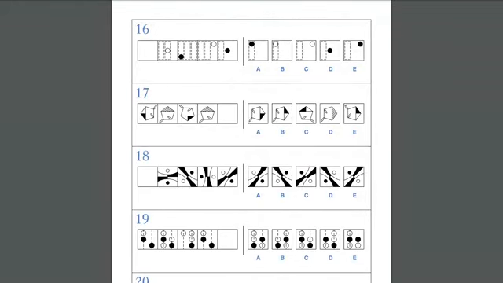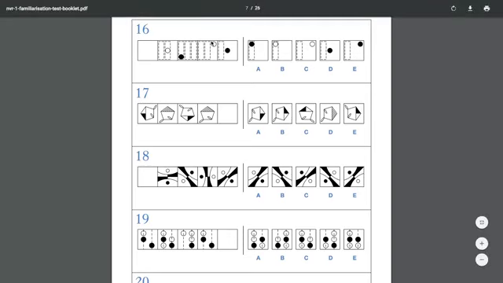For number 16, if you look at what's happening, the lines are decreasing, and the circle is becoming shaded in this. Lines are increasing, decreasing, so this is happening.